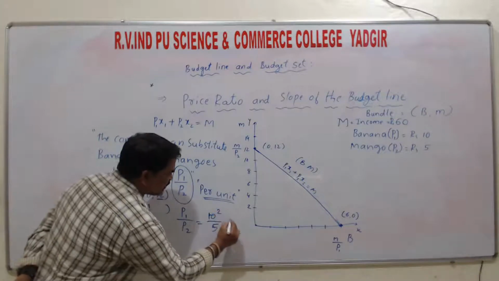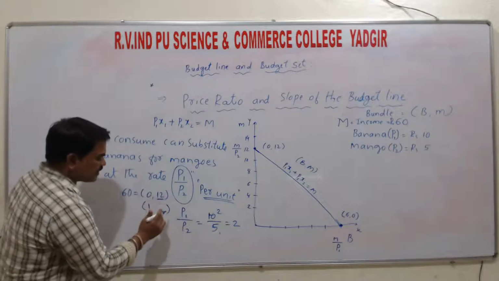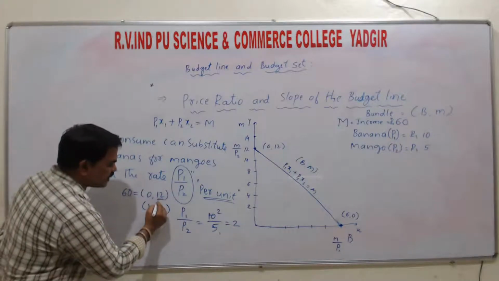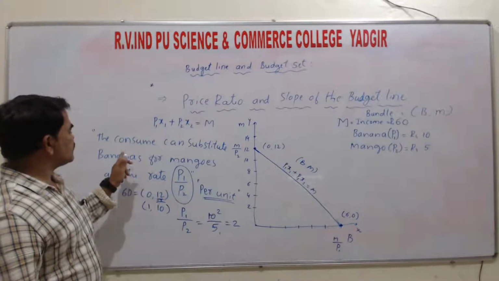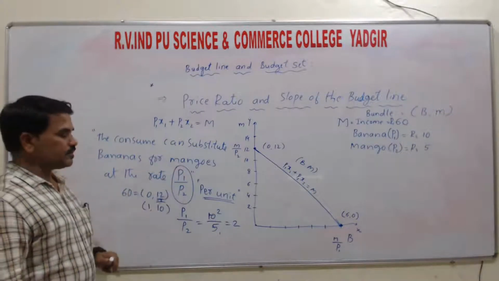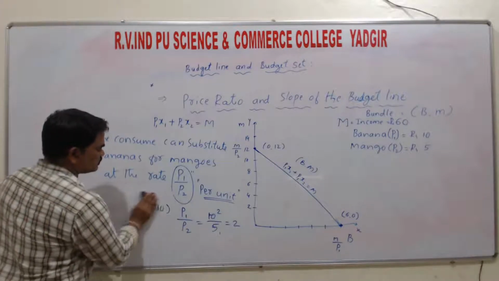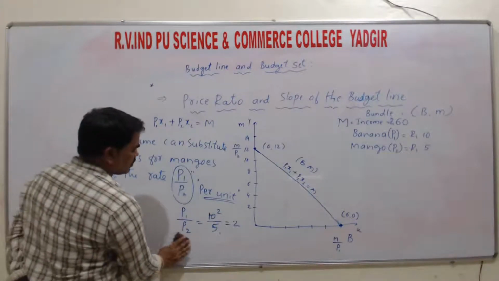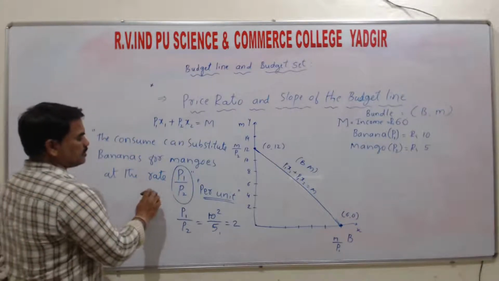So 5 and 5 to the 2. This is the quantity. This is the rate he has to substitute here. From 12, if you reduce 2 here, what is the rate at which he can substitute bananas for mangoes? So we can say P1 by P2 is the rate.